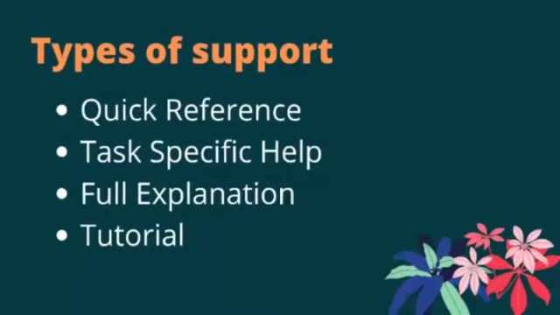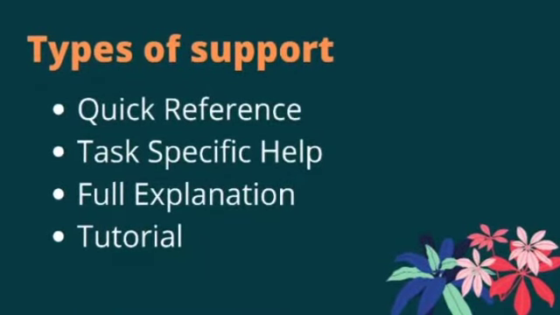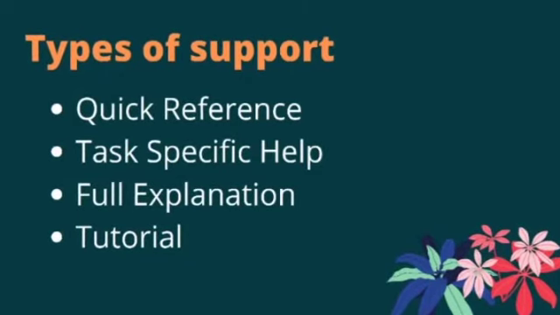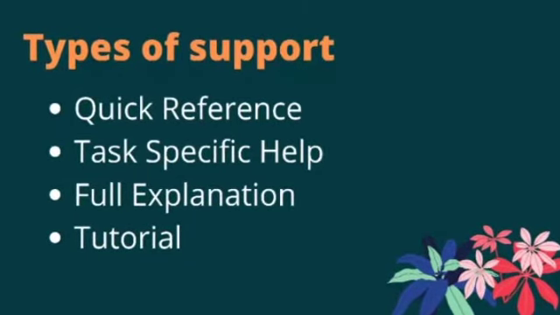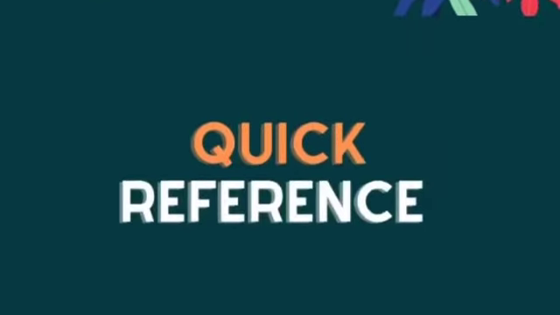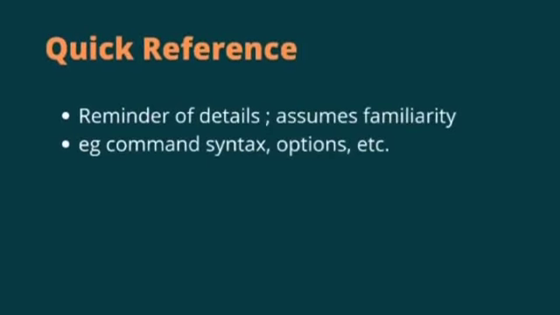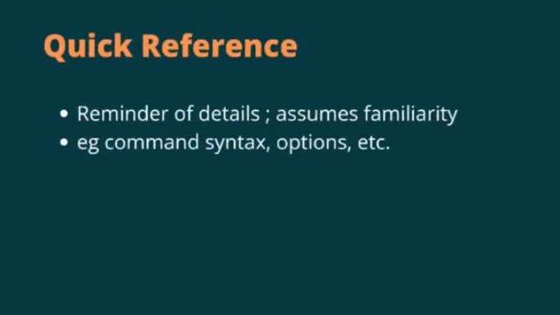So there are four main types of assistance that users require. First is quick reference, task-specific help, full explanation, and tutorial. Quick reference. It is a reminder of details, assumes familiarity, command or syntax.